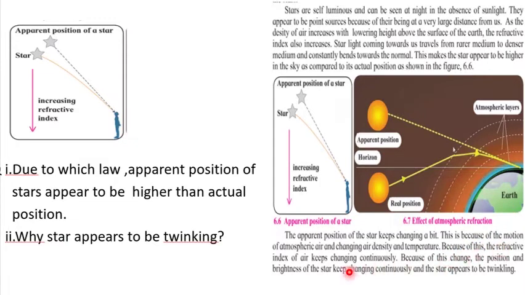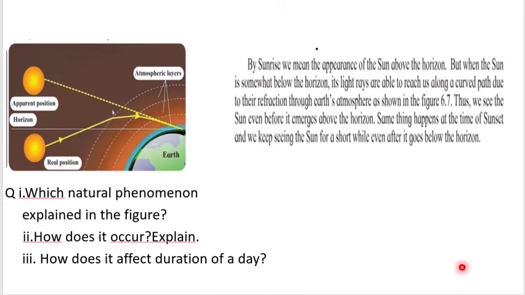Because of this, the refractive index of the air keeps changing continuously. We already discussed about the refractive index in our first diagram based question of the chapter number 6. Because of this change, the position and brightness of the star keep changing continuously and the star appears to be twinkling. Let us move to our next diagram based question.